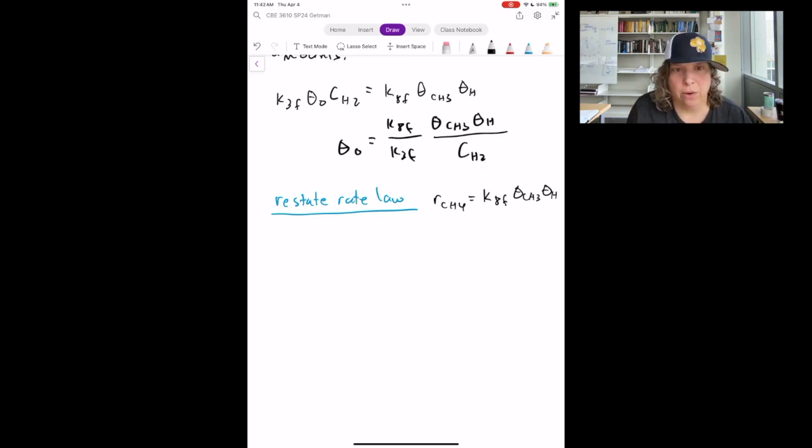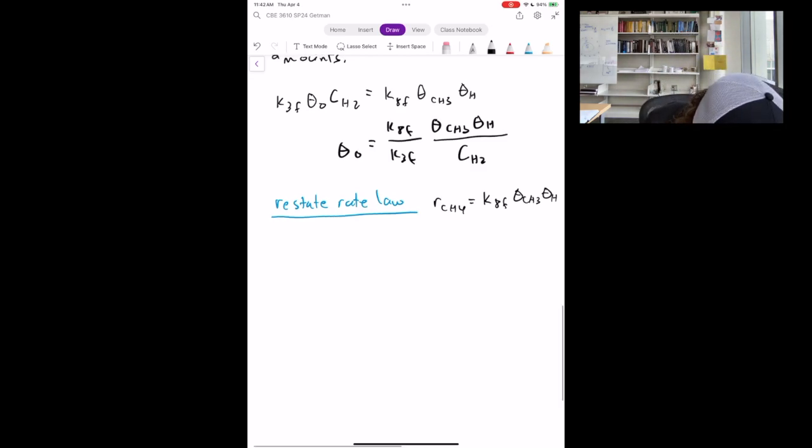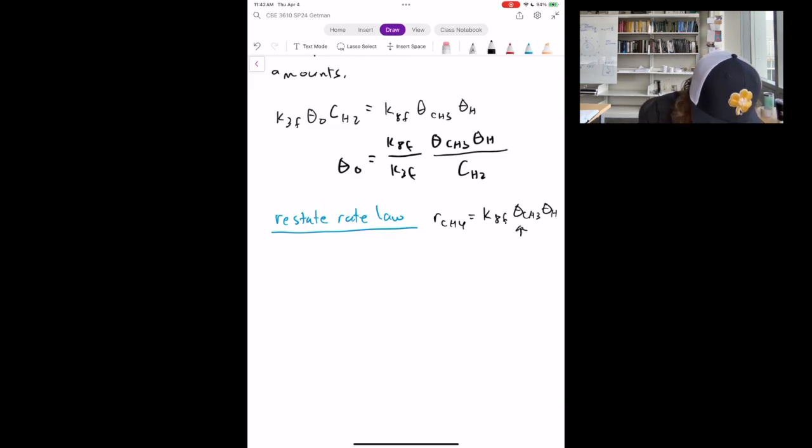Okay, so first, let's start substituting in. I eventually want to have an expression for theta CH3, and I do have that. What I'm going to do now is substitute all of these CHX terms into this expression.